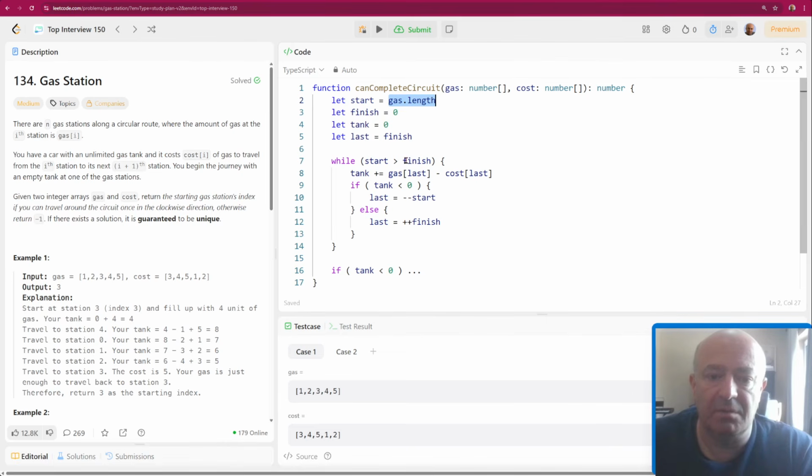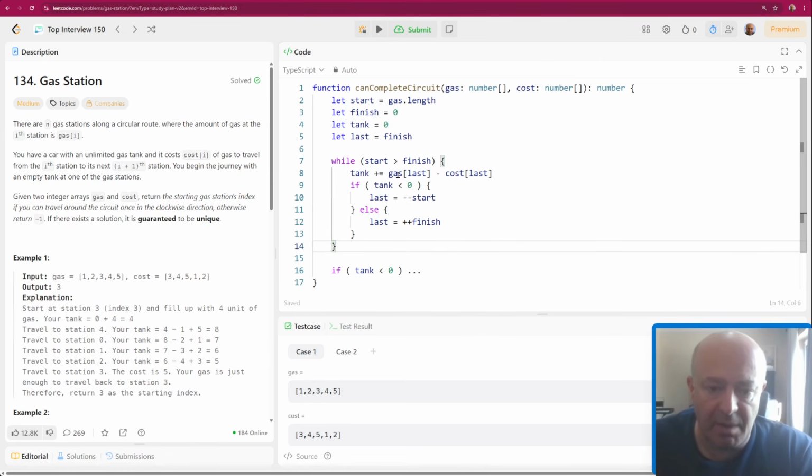Now, finish is at least 0, and it can never become negative. It only goes up. So after this evaluation, we are 100% sure that both of these indexes, start and finish, are fine. And because last equals one of them, then last is also fine. So this should work without any memory violation.